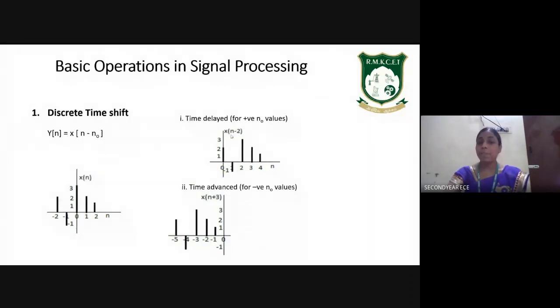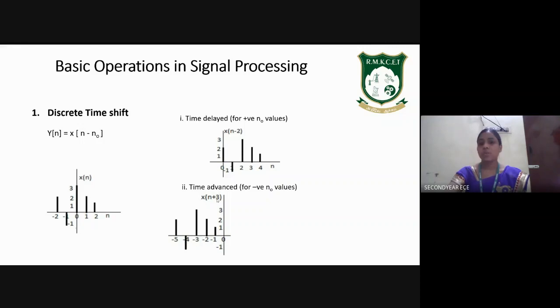If it is n minus 2, it will shift to the right side by this unit. 2 is there, no? This origin is now shifted to 2. If it is n plus 3, then the origin, the n is equal to 0 sample, where is it now? At minus 3.